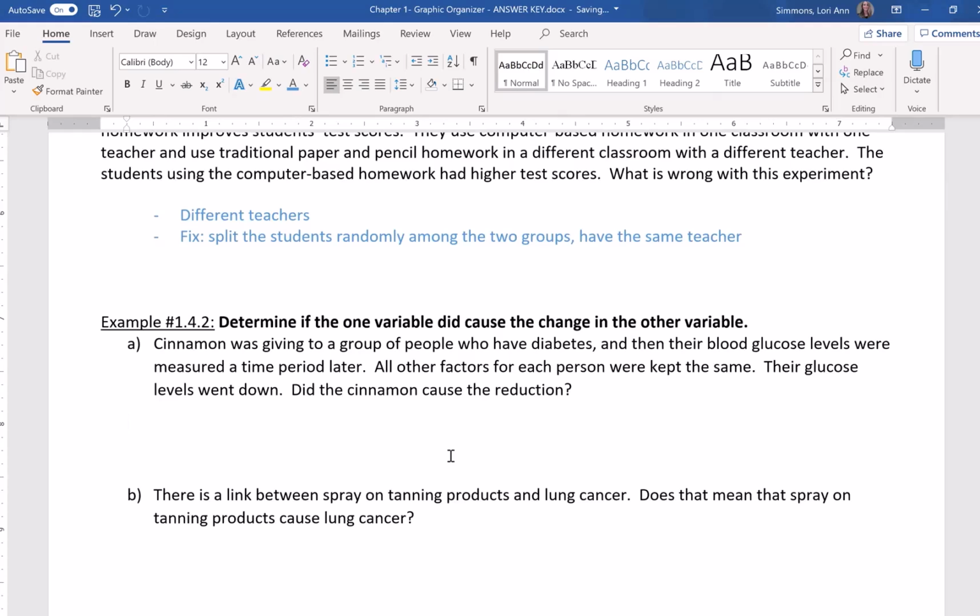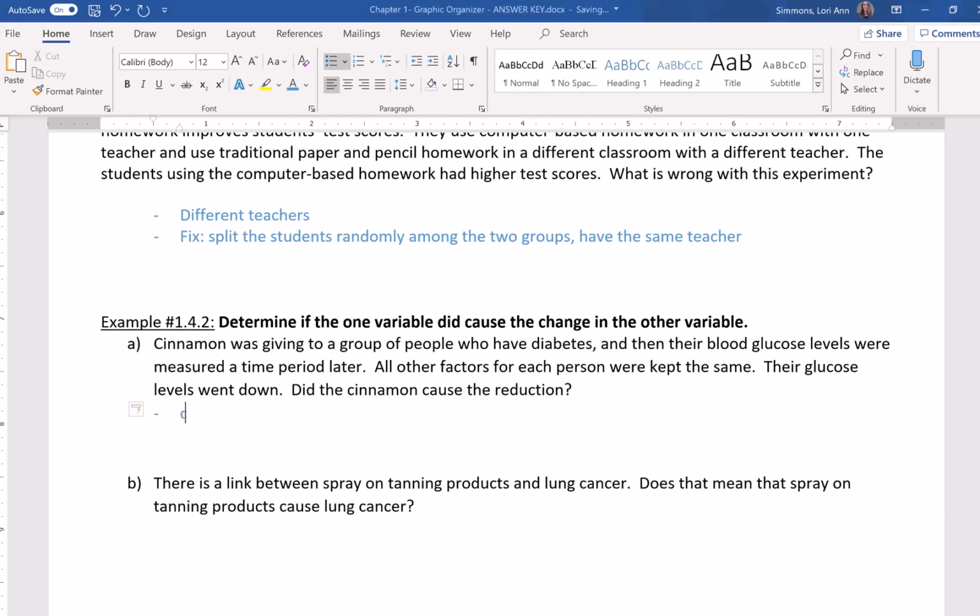The next example, we want to determine if the one variable did cause a change in the other. Cinnamon was given to a group of people who have diabetes, and then their blood glucose levels were measured a time period later. All other factors for each person were kept the same. Their glucose levels went down. Did the cinnamon cause the reduction?